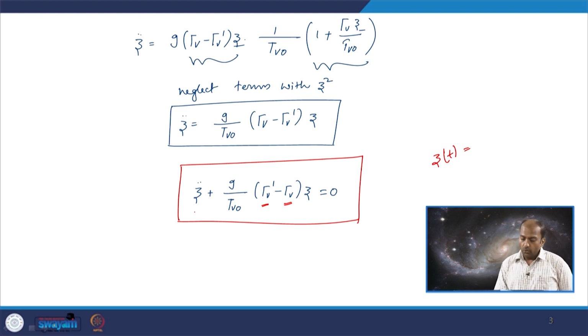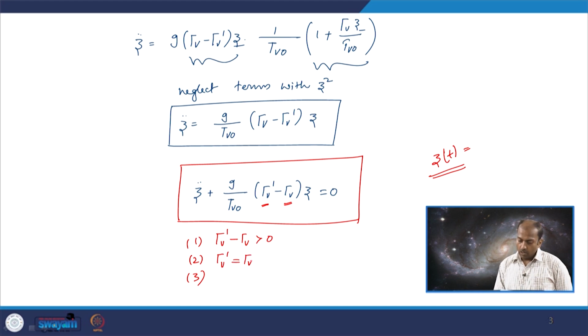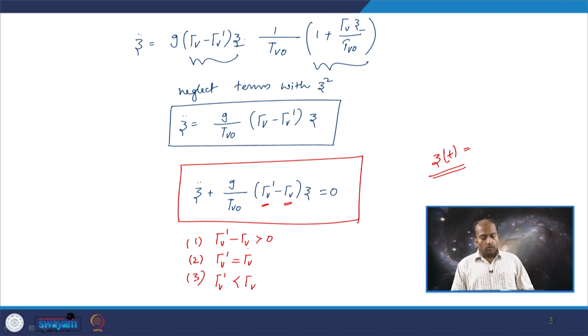The solution Z of t which can satisfy this equation will depend on three unique possibilities, representing three different types of stability. One possibility is gamma V prime minus gamma V greater than 0, another is gamma V prime equals gamma V, and the third is gamma V prime less than gamma V, or gamma V prime minus gamma V less than 0, right.